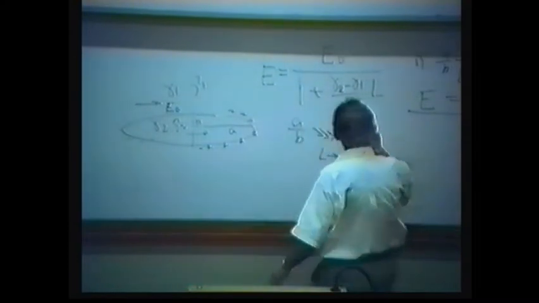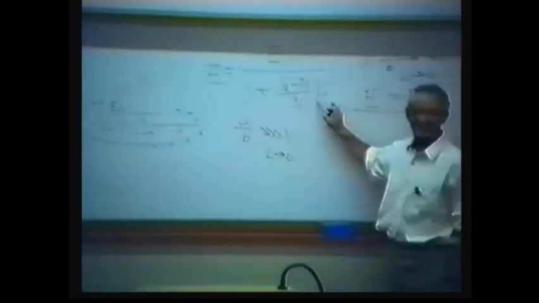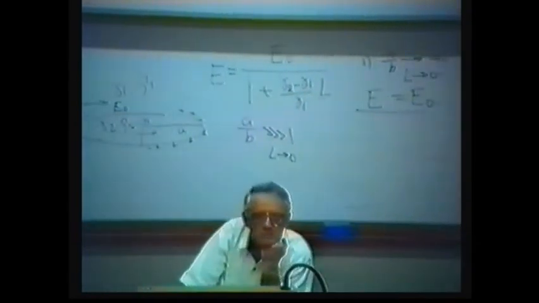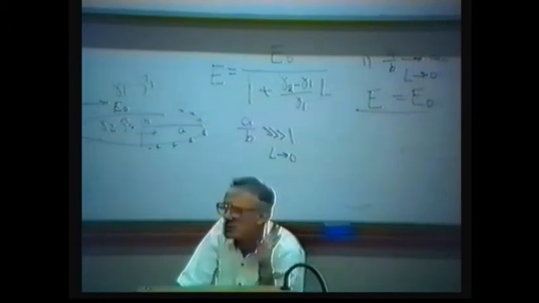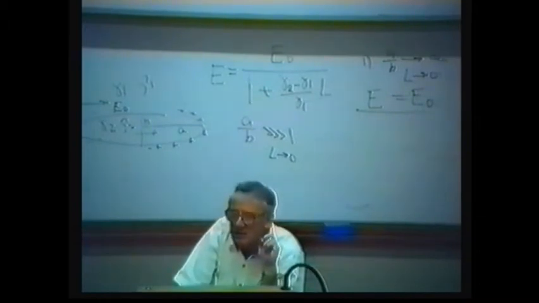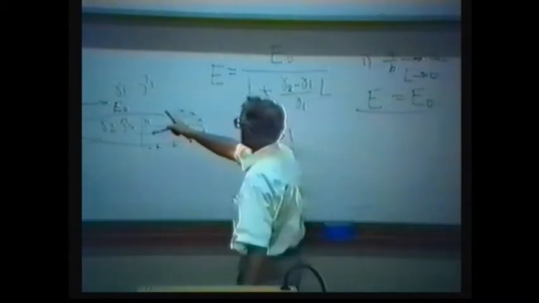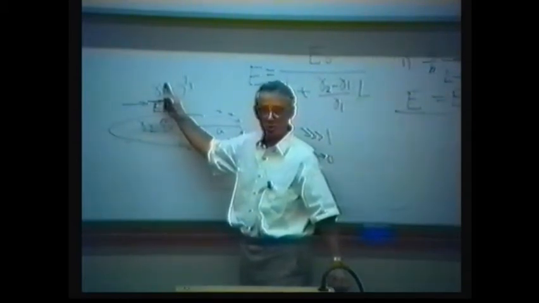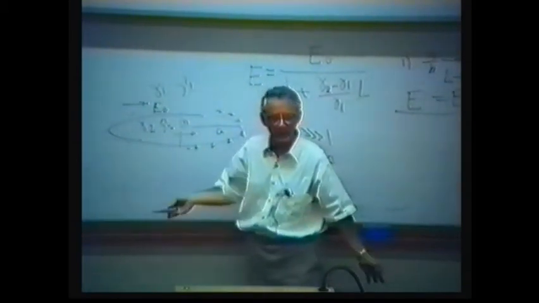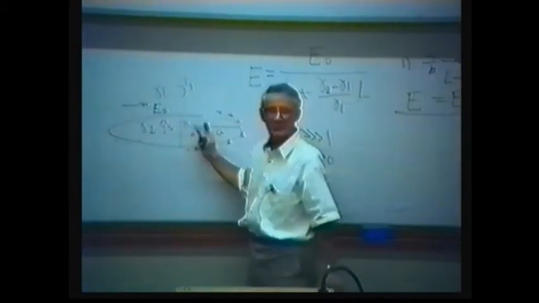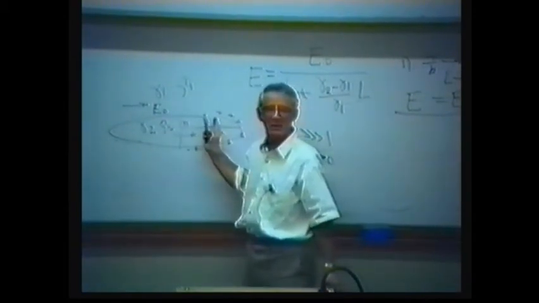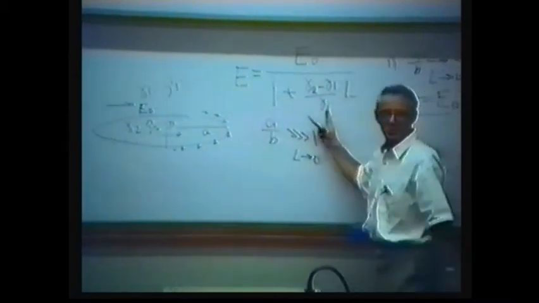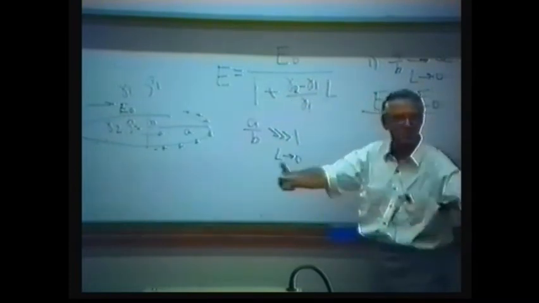If gamma 1 equals 0, what would happen with the electrical field inside? So the surrounding medium becomes an insulator. So what happens with the electrical field inside? 0, bravely 0, because gamma 1 equals 0.